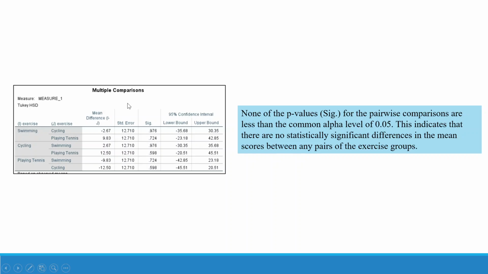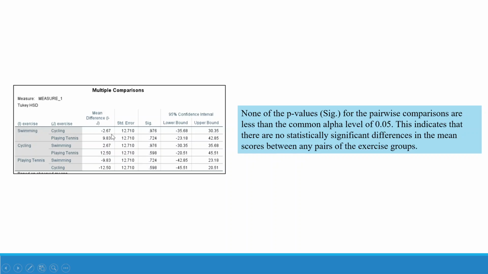Now let's see the comparison of exercise. Exercise effect was not there. The same thing we can confirm from here also. The mean pulse rate of swimming minus mean pulse rate of cycling is just minus 2.67.